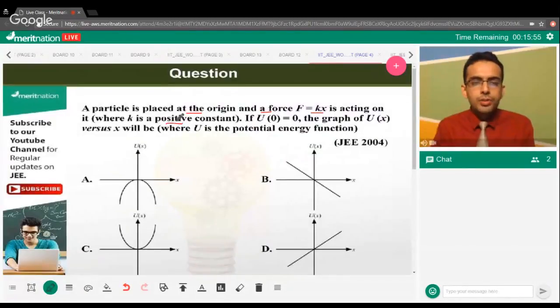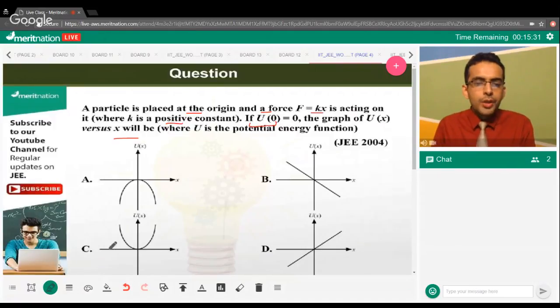U is the potential energy, and we have to find the graph of U(x) versus x, that means potential energy as a function of x, where x is displacement.